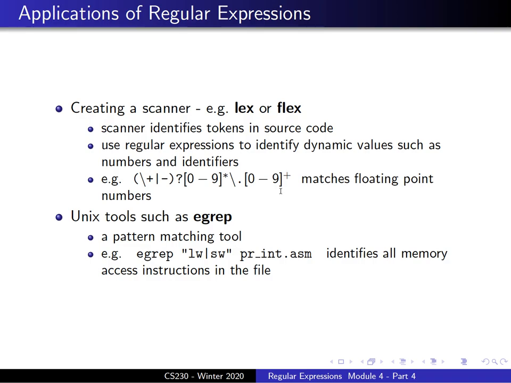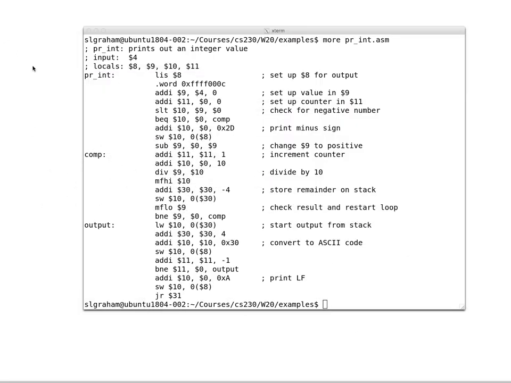There are other places where regular expressions come into play. For example, egrep is a tool that is used in Unix that allows for pattern matching. I'll just do a quick demonstration here. If I wanted to identify, say, from this source code, all of the memory access instructions in this particular program, what I could do is just do egrep, where I provide a regular expression, in this case, load word or save word.